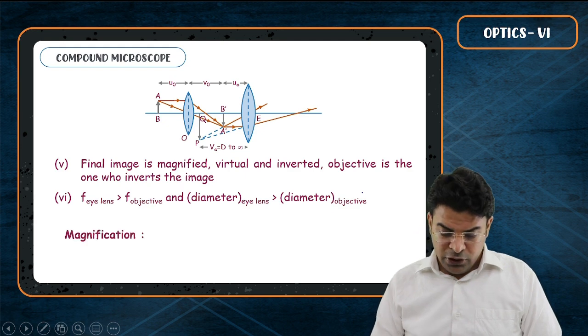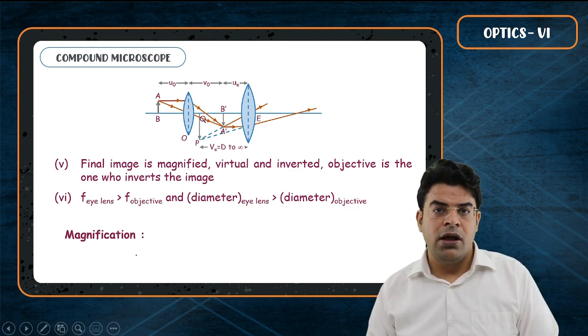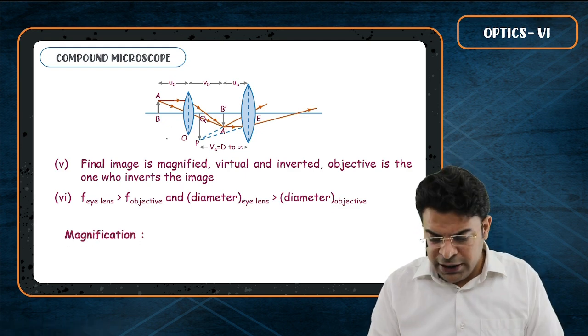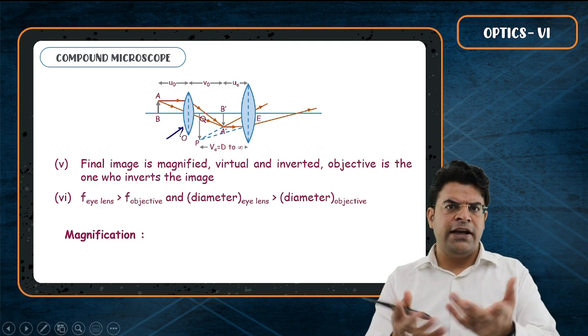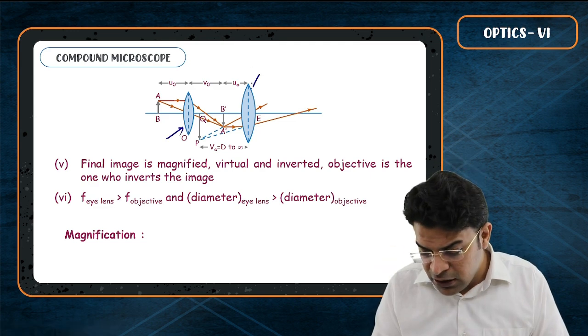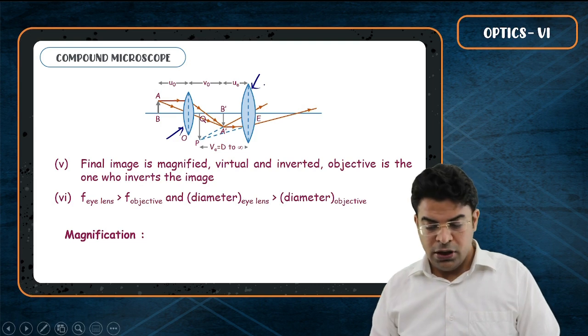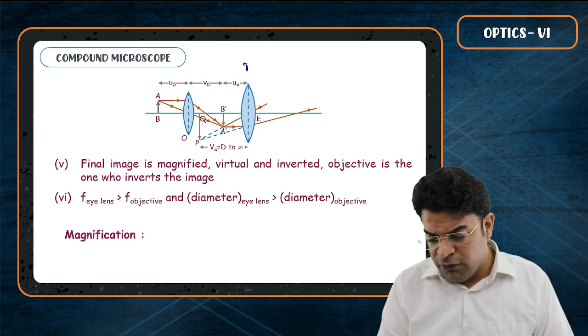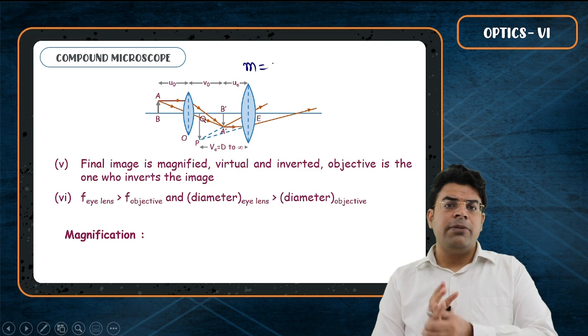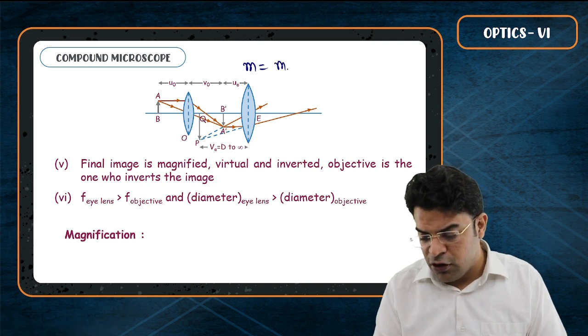Next point, the magnification. I just told you, treat the objective like your everyday lens, normal lens, and treat the eyepiece like a simple microscope. Now the overall magnification has to be the multiplication of the magnification due to the objective and eyepiece.